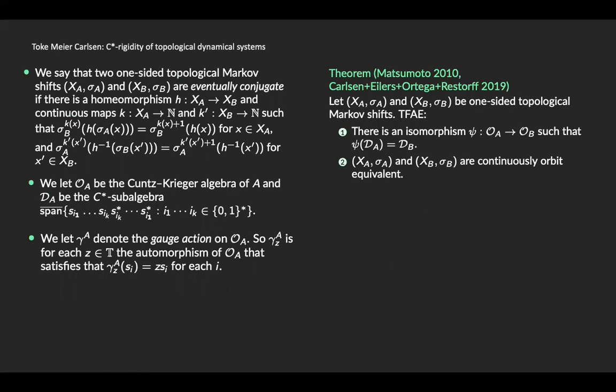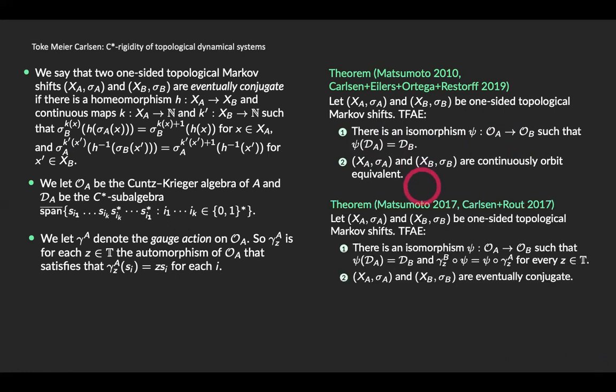We then have that the two one-sided topological Markov shifts are continuously orbit equivalent exactly when there is an isomorphism between the corresponding Cuntz–Krieger algebras that maps D_A onto D_B. And two one-sided topological Markov shifts are eventually conjugate exactly when there's an isomorphism between the Cuntz–Krieger algebras that maps D_A onto D_B and intertwines the gauge actions.